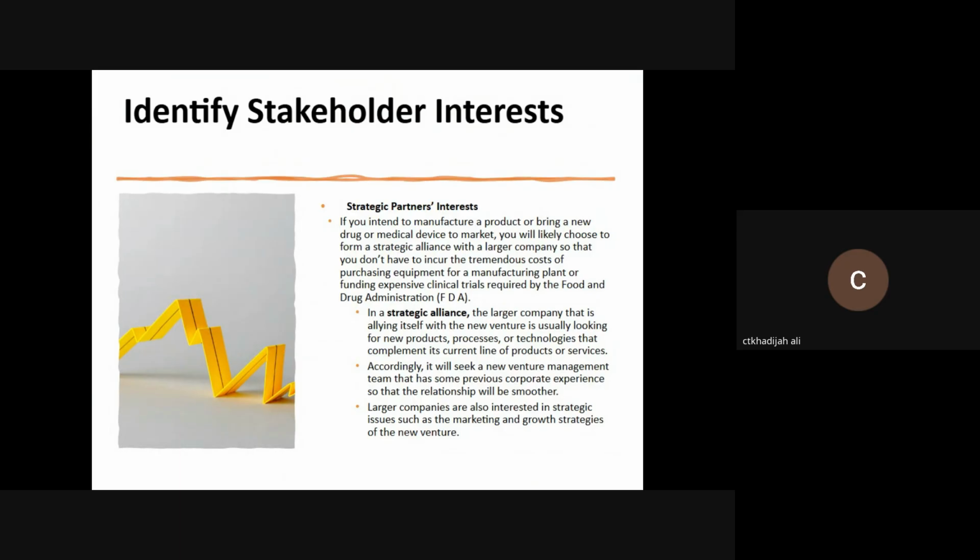Strategic partners' interest. If you intend to manufacture a product or bring a new drug or medical device to market, you will likely choose to form a business alliance with a larger company so that you don't have to incur the tremendous cost of purchasing equipment, building a manufacturing plant, or funding expensive clinical trials. In a strategic alliance, the larger company aligns itself with the new venture and is usually looking for new products, processes, or technologies.